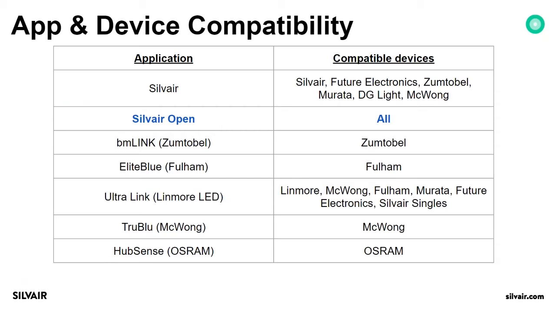Macmon application is called TrueBlue and also uses only Macmon devices, but also, which is not written here, Future Electronics devices. HubSense is an Osram application, Osram environment, which only allows Osram components.